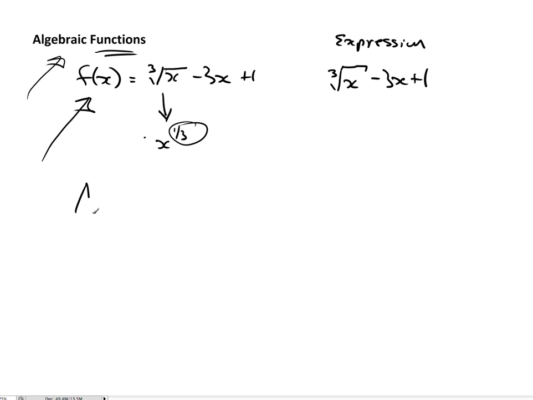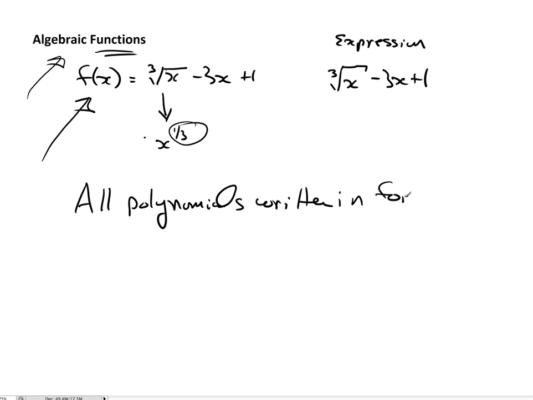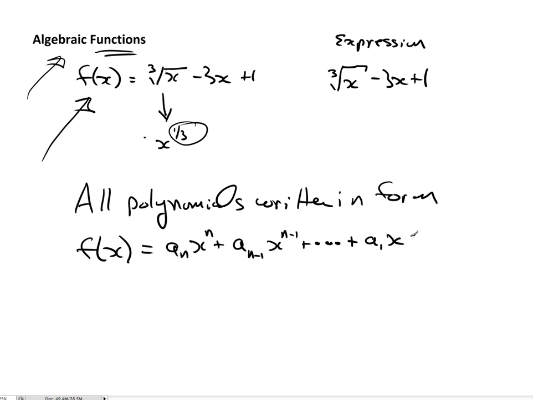Now, all polynomials written in the form f of x equals an x to the n plus a n minus 1 x to the n minus 1 plus yada yada yada plus a1 x plus a naught are also algebraic functions.